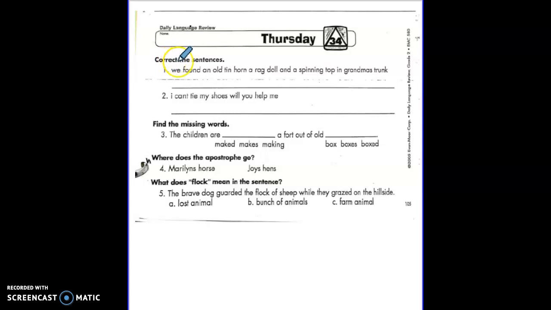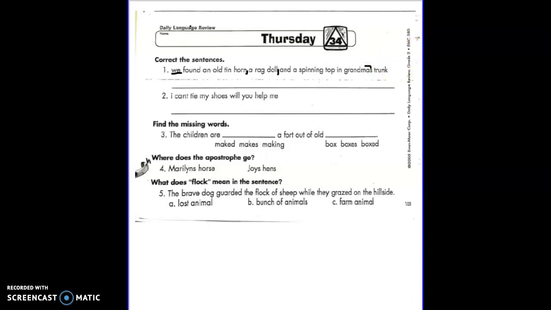So correcting the sentences: we found an old tin horn, a rag doll, and a spinning top in Grandma's trunk. So "we" needs to be capitalized. Found an old tin horn, comma, a rag doll, comma, and a spinning top in Grandma's, apostrophe, trunk.